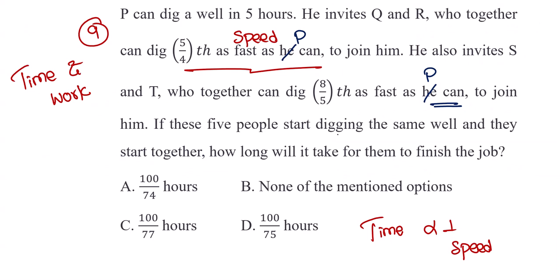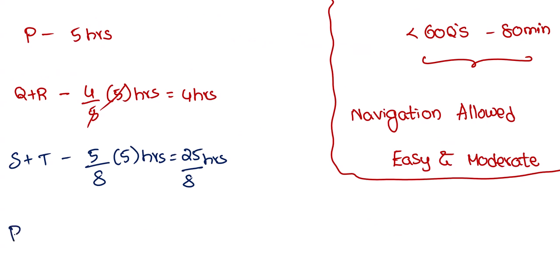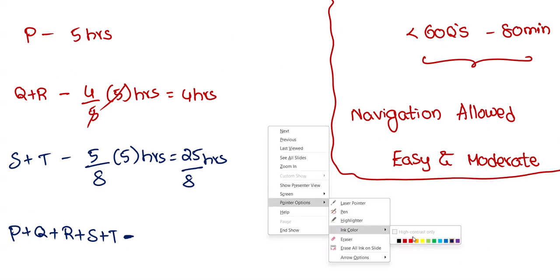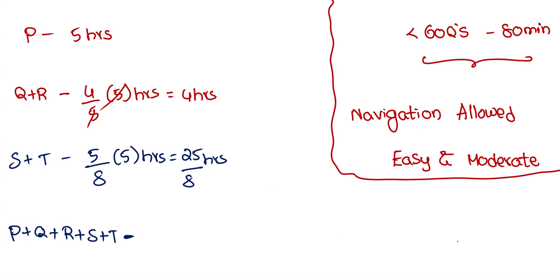To dig the same well, all of them, everybody, start together, all 5 people together. What is the time taken to finish? 5 people means P plus Q plus R plus S plus T. So the work can be taken as the LCM of the timings for easy calculation.